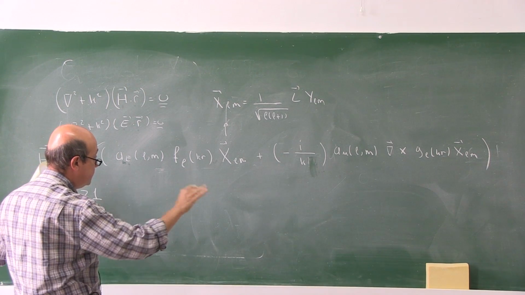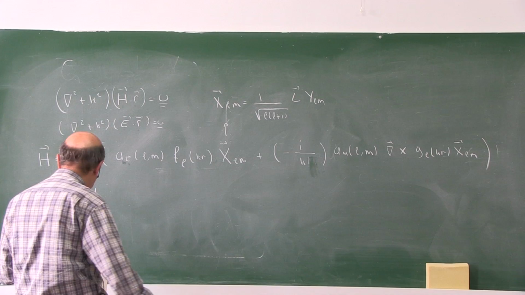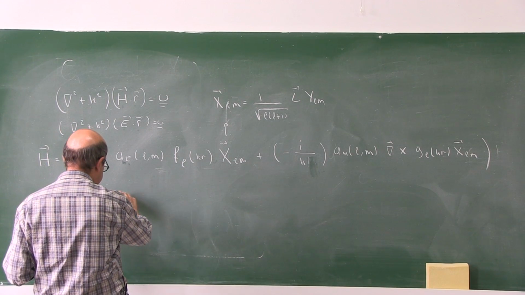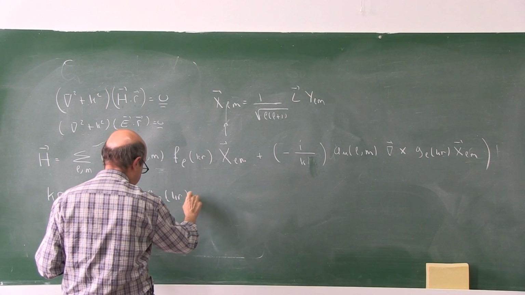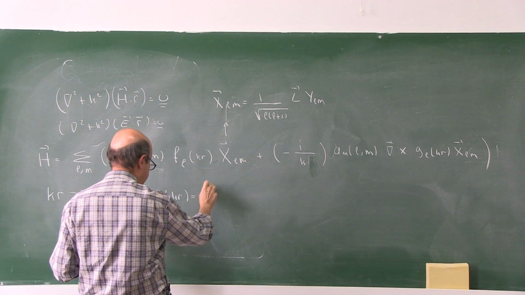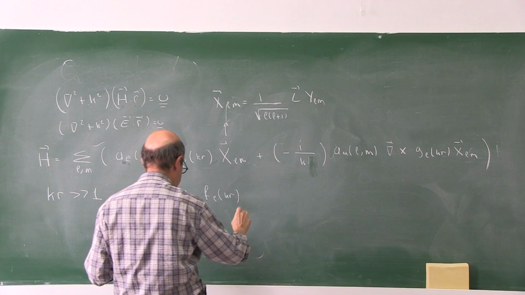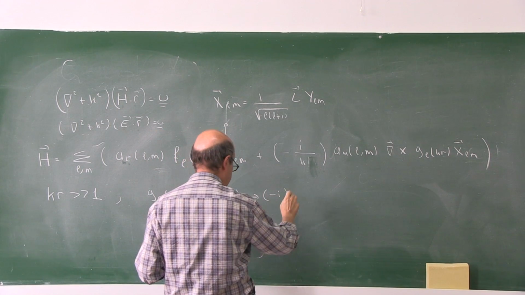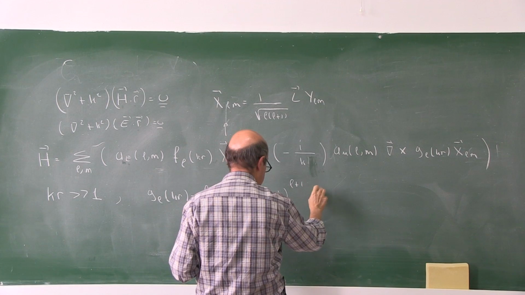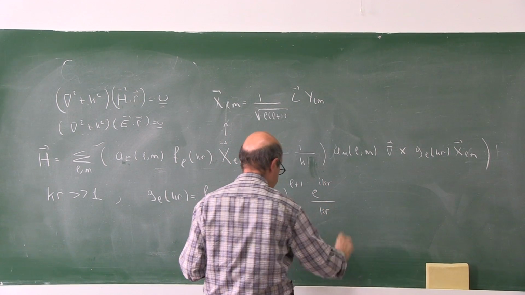This was done last time, so you can go over your lecture notes. In the far field zone, the spherical Bessel functions have asymptotic forms: minus i to the L plus 1, e to the ikr over kr.